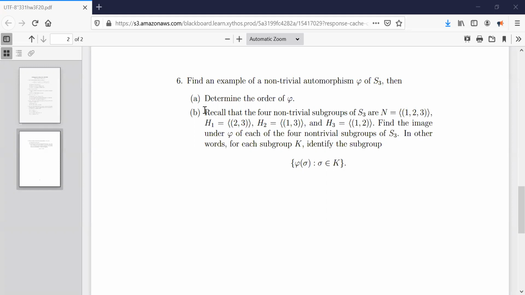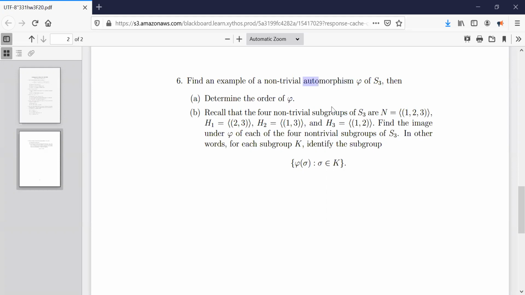Homomorphism, right? That is a mapping from one set to another. So morphism is basically about these maps that preserve some type of structure, right?